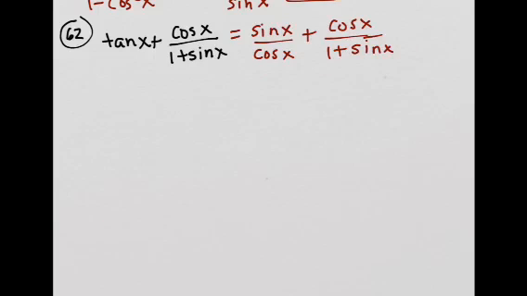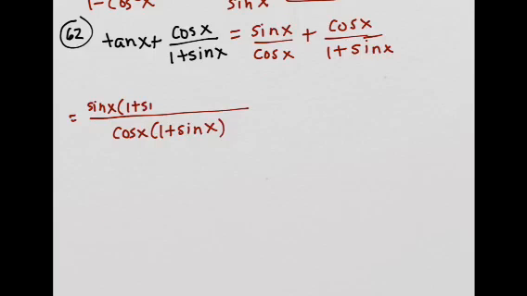So I'm going to write one big fraction, and put this as my common denominator for both fractions. For the first fraction, I take sine x and multiply it by 1 plus sine x, because that's what I need to multiply top and bottom on the first fraction. On the second fraction, I need to multiply by cosine x, so that I have the same denominator on both fractions.